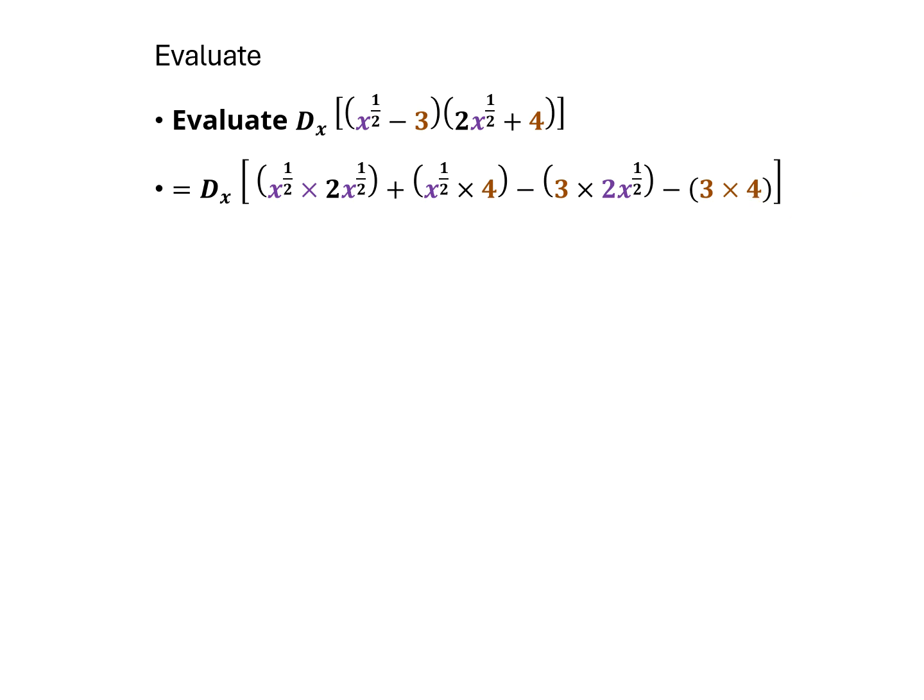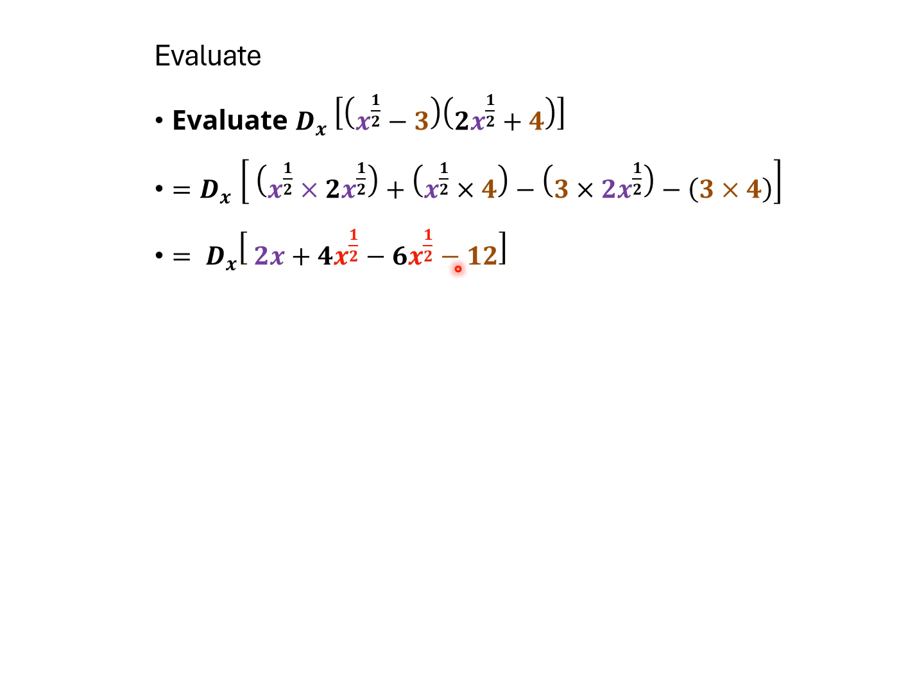From there, now we have to simplify. 1 times 2 stays 2. x to the half times x to the half: the bases are the same, so we add the exponents. Half plus half gives me x to the power 1. 4 times x to the half simply becomes 4x to the power half. 3 times 2 is 6, x to the power half, with the negative staying in front. And then 3 times 4 is 12.